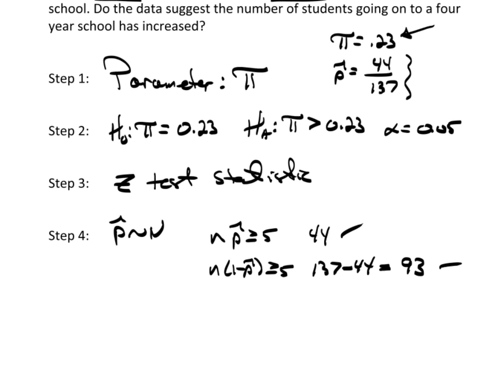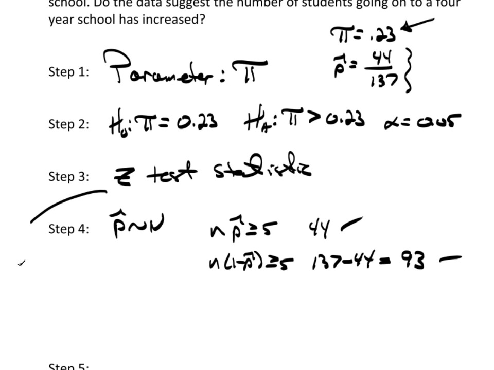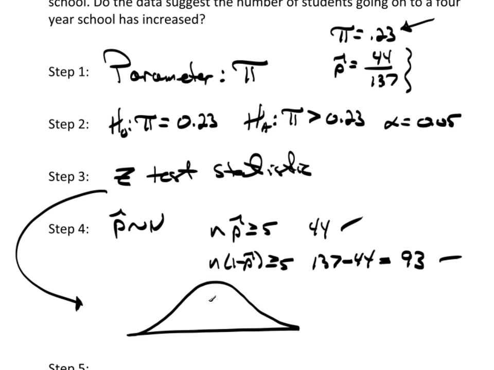Now this z test statistic is literally using a z-score. If I draw a picture, which is always a good idea, the picture would look like this: 0.23, and then up here somewhere is 44 out of 137. And I'm looking for this probability right here.